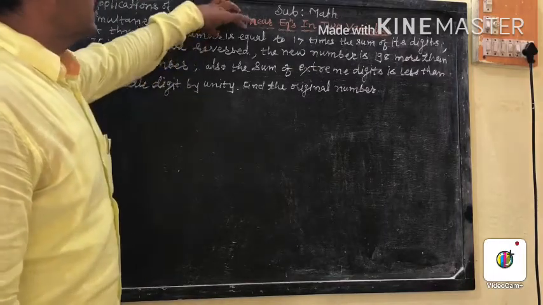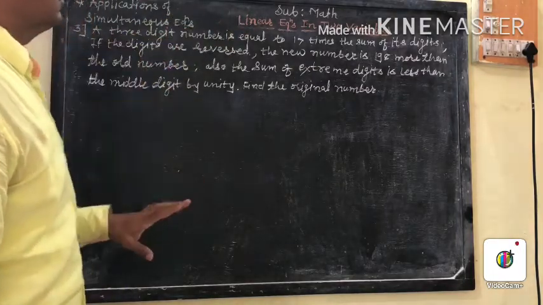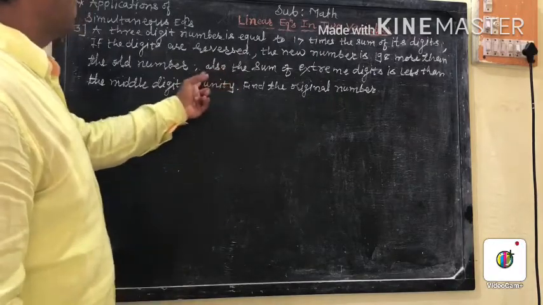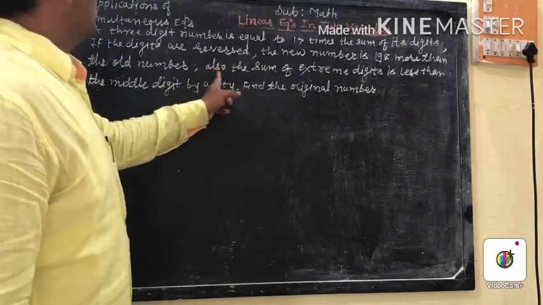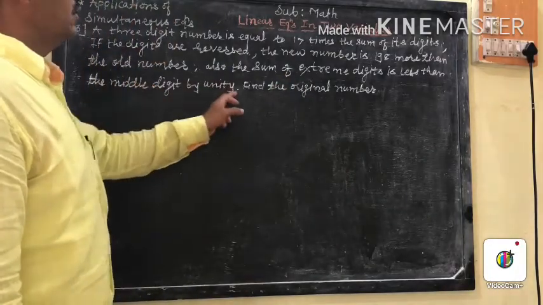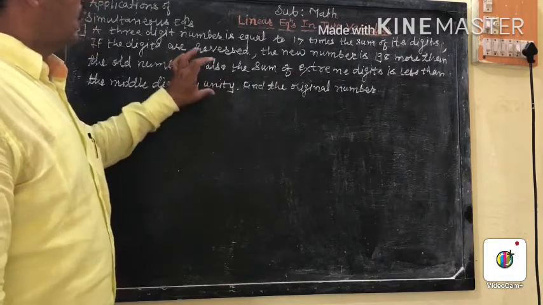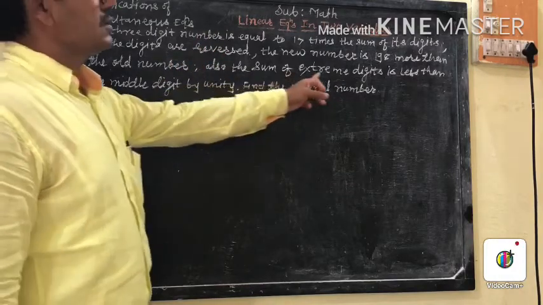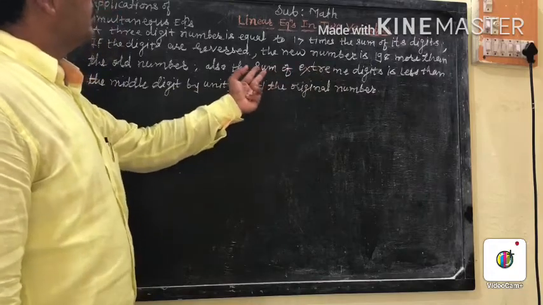Here one of the conditions is given, and another condition is given here. Also, the sum of the extreme digits is less than the middle digit by unity. Means for the middle digit, the condition is given with the help of the extreme digits.